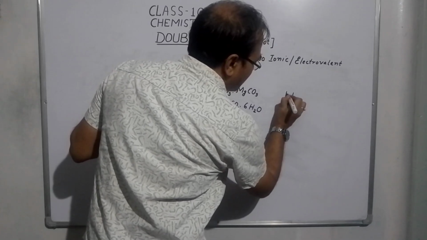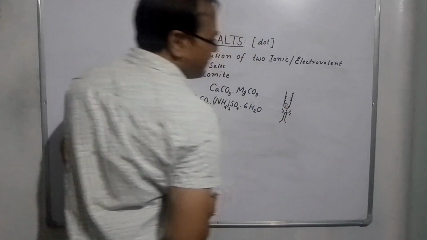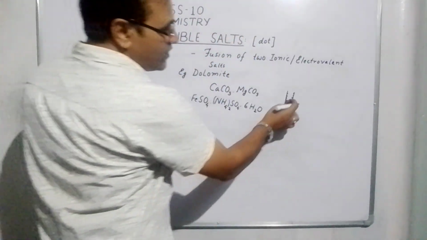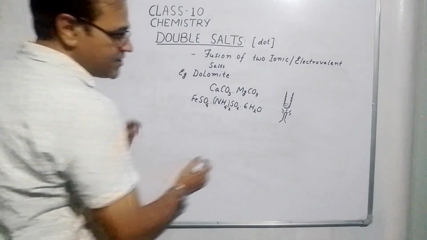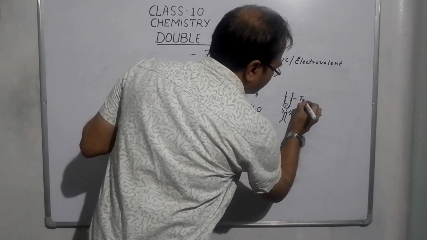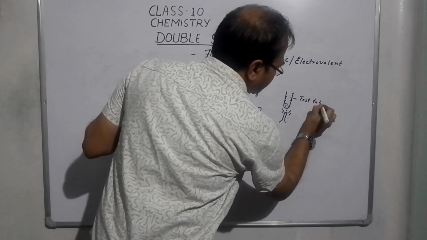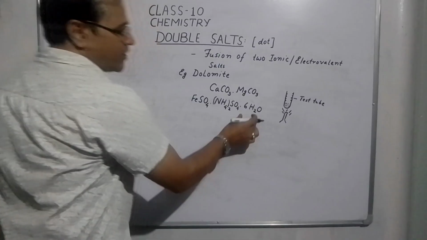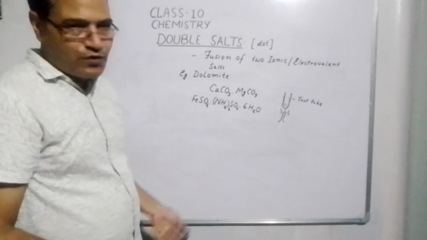Water vapor means water in the gaseous state. It will stick to the inner part of the test tube. But you have to take a dry test tube. So this proves that about 6 molecules of water are attached to this particular type of salt.